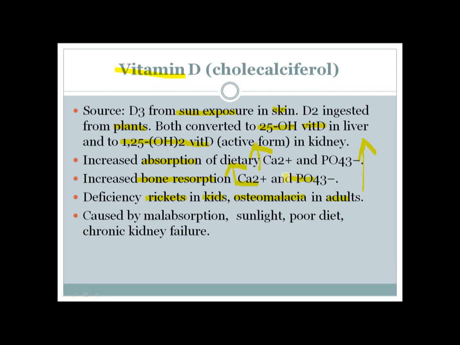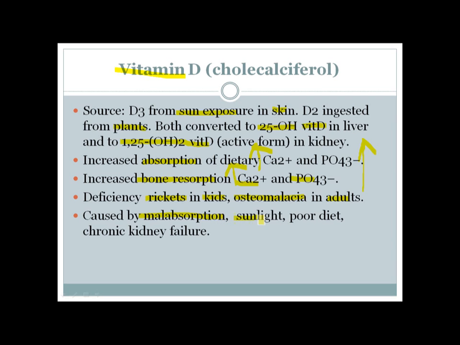Vitamin D deficiency can be caused by malabsorption, where you cannot absorb vitamin D, and this can occur in different types of malabsorptive disorders, maybe pancreatic disorder, or even cystic fibrosis.